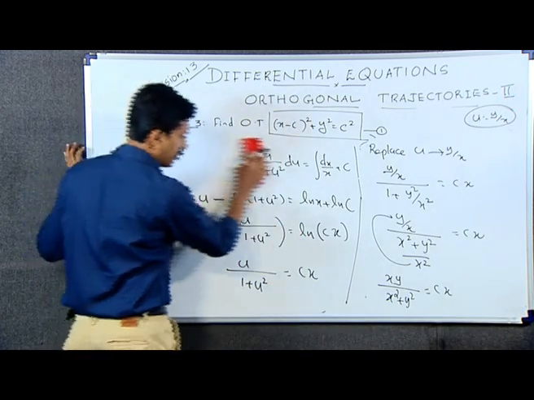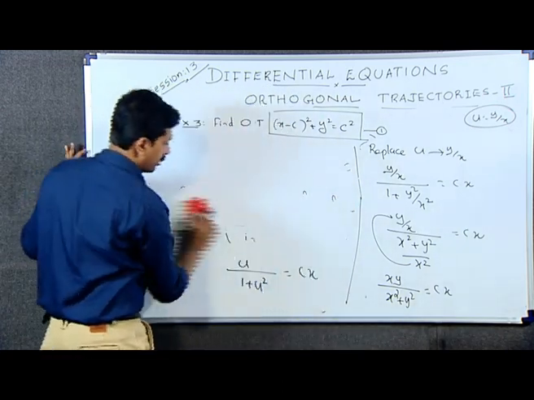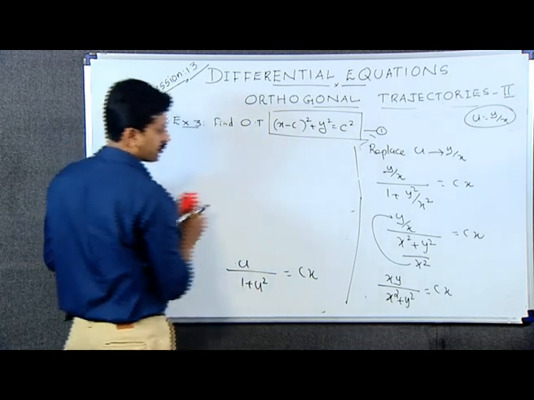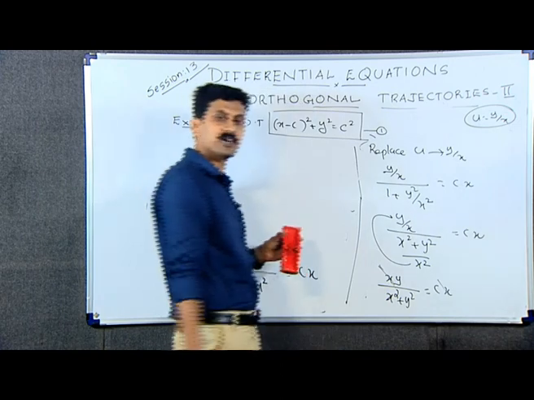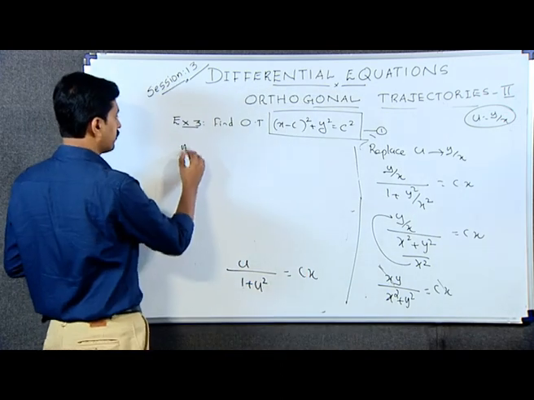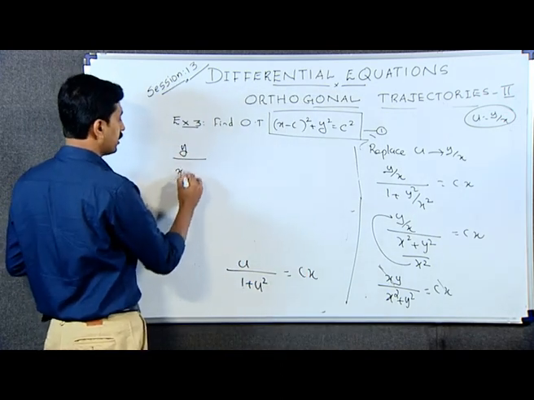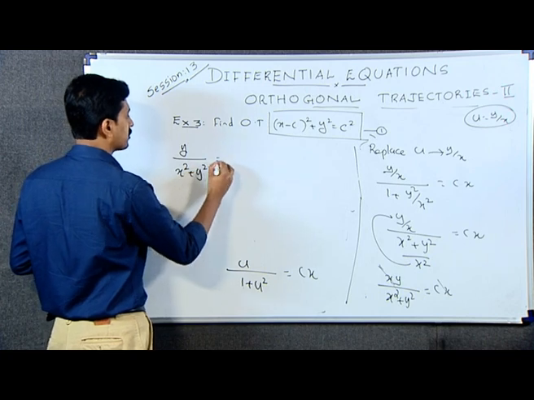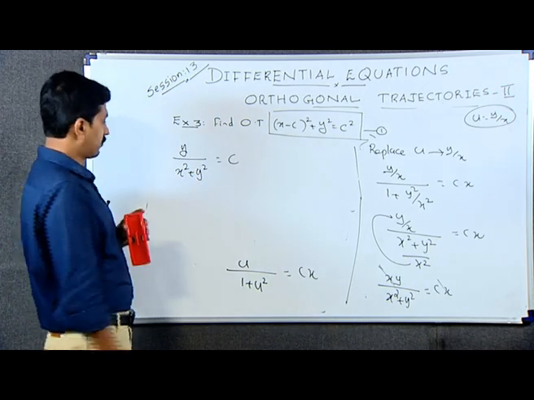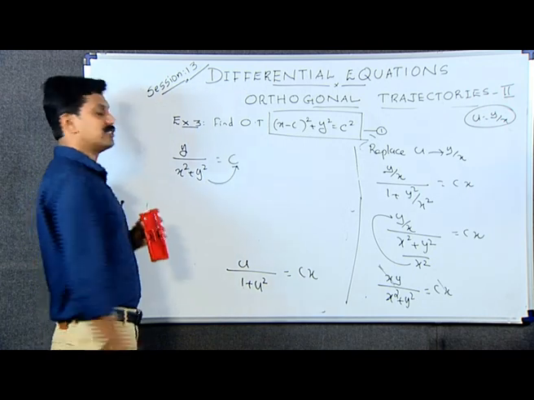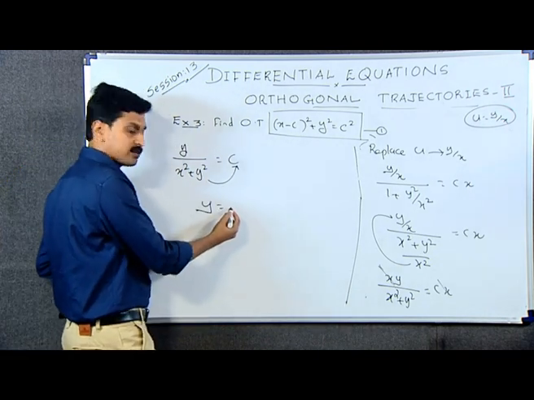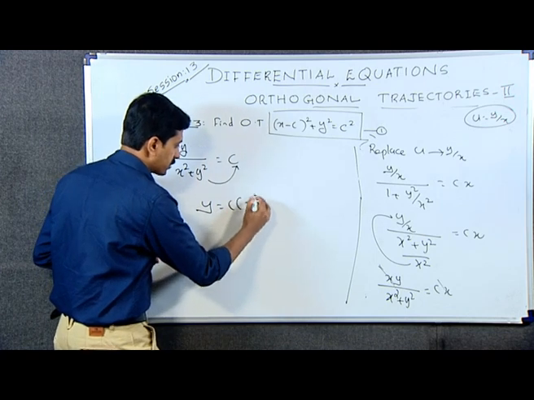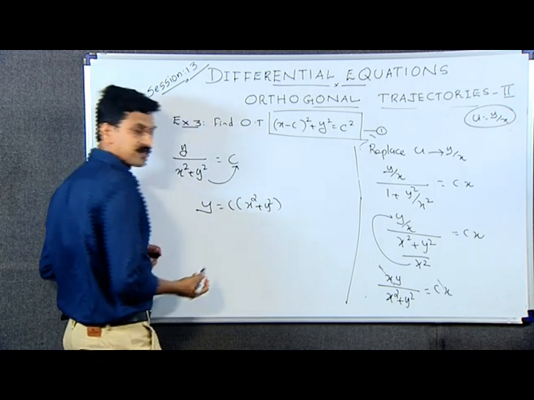On both the left side and right side there is an x, so we can cancel them. After all we will have y divided by x square plus y square equal to c. For convenience I am taking this denominator to the right side. So we will have y equal to c into x square plus y square.